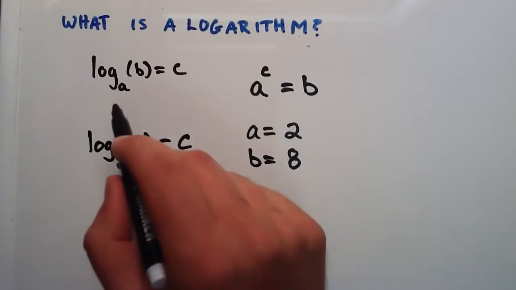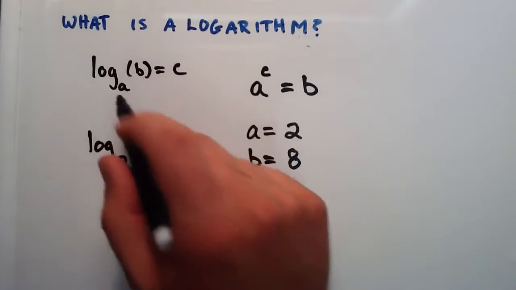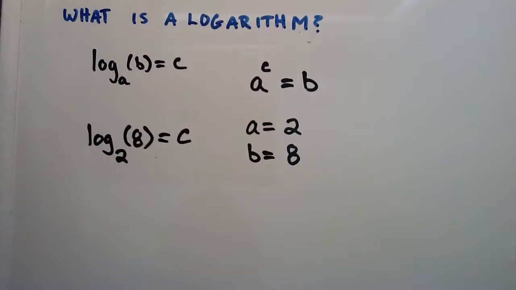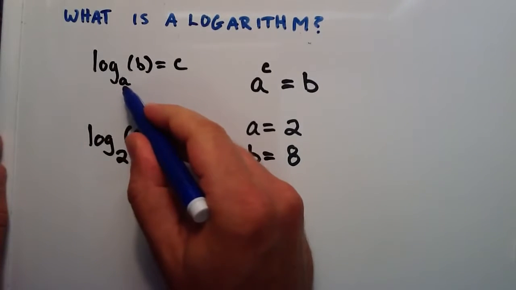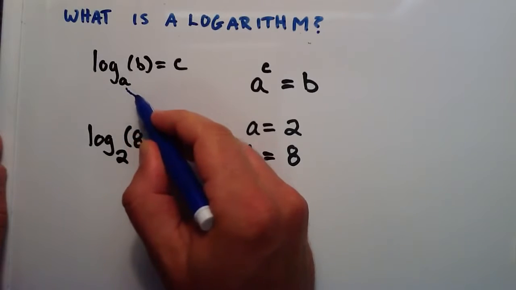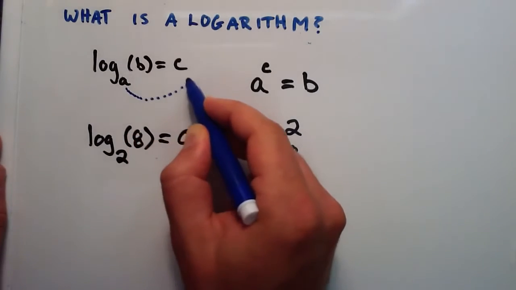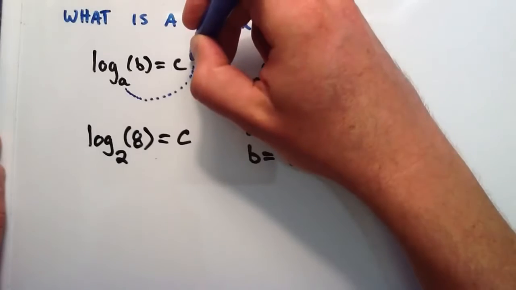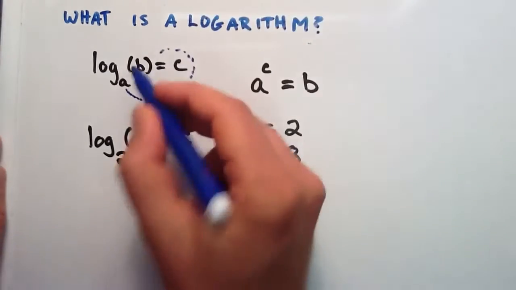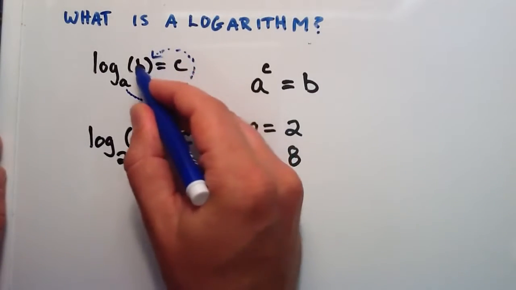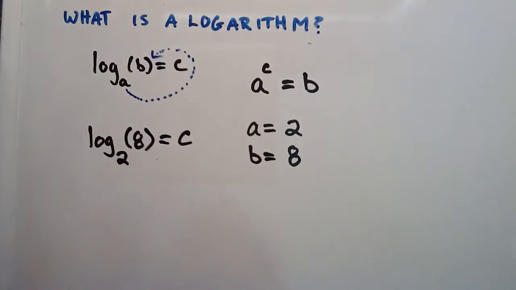If we were to think about this like a scorpion, and scorpions have stingers that come around, well, let's say that this guy's stinger starts at the base, comes around the answer of the logarithm, and then the stinger points at the argument, the B.